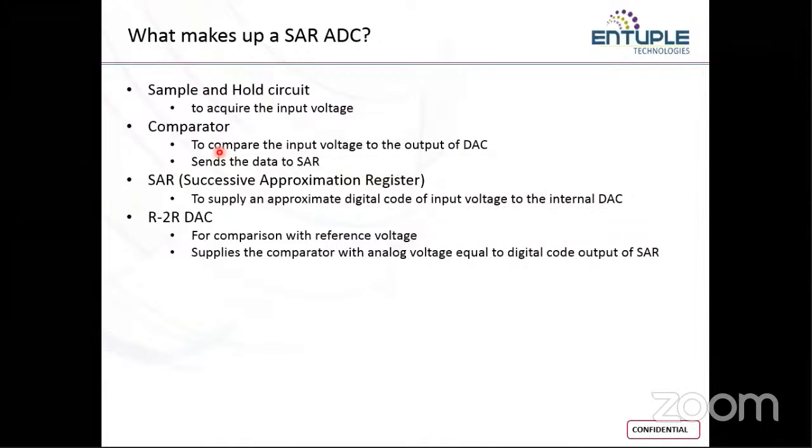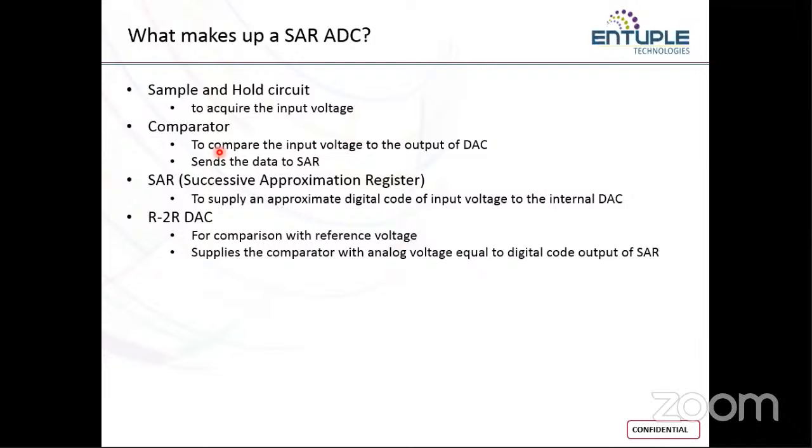Next to the sample and hold circuit, you have a comparator which is used to compare the input voltage with the output of the digital to analog converter. What is going to be the output of the comparator circuit? It sends data to the SAR register, the successive approximation register.